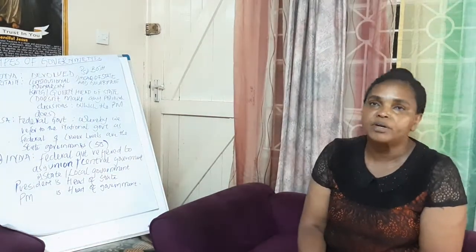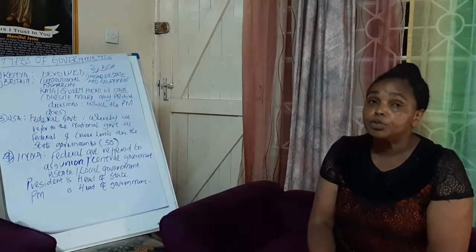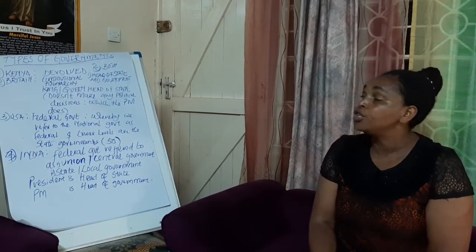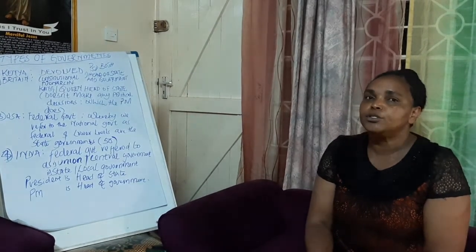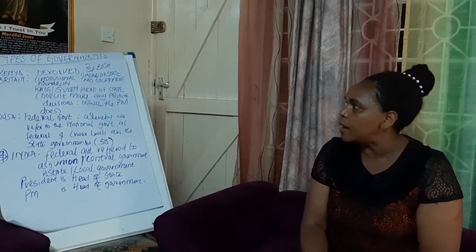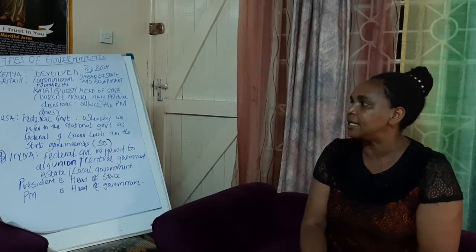So a quick summary on that one. Kenya, devolved government, distribution of power and authority from higher levels to the lower levels, with two levels, county level and national level. We have only the president being both the head of state and head of government, to be explained later.